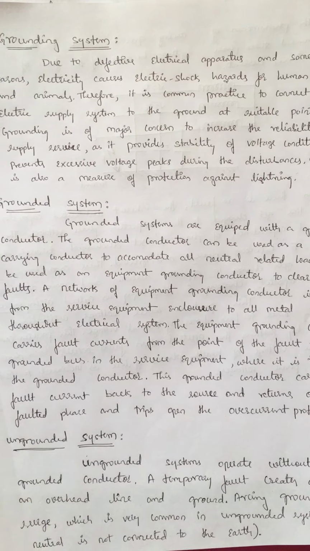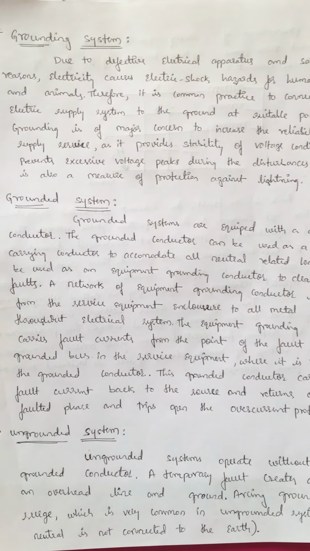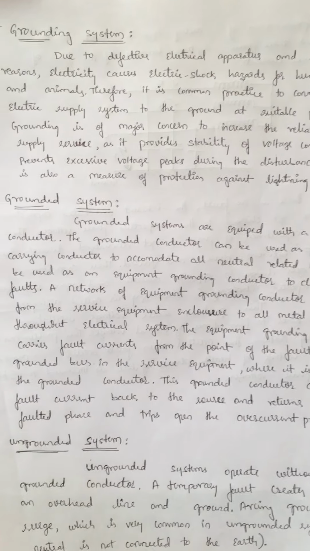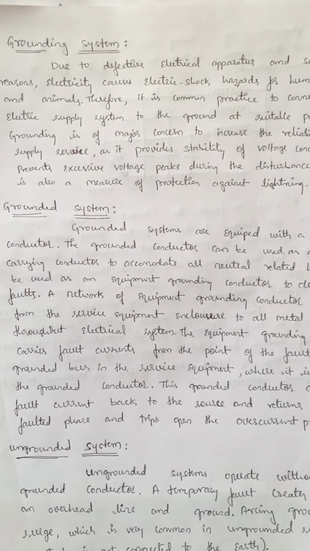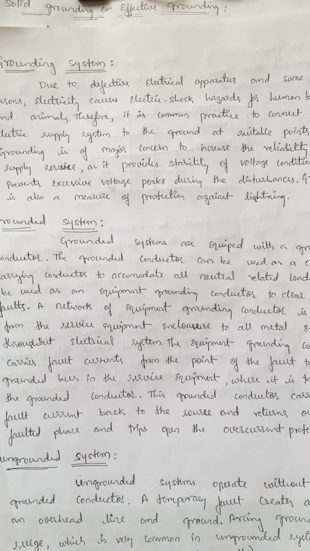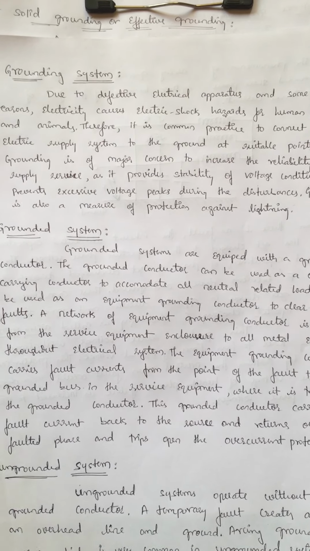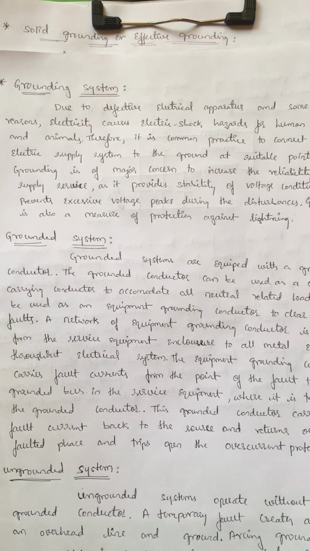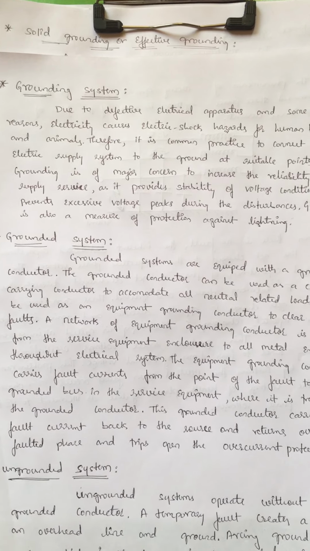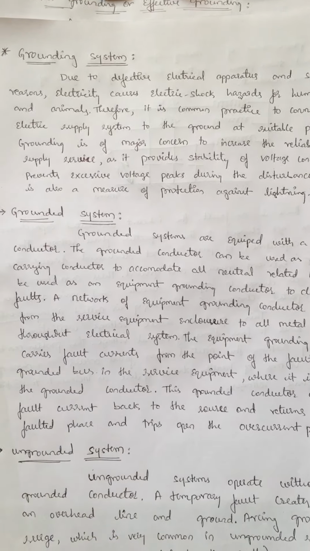If there are any ground faults, in order to clear them, we can make use of this grounded conductor. Basically, a grounded system means a system consisting of at least one grounded conductor. That is grounded system.